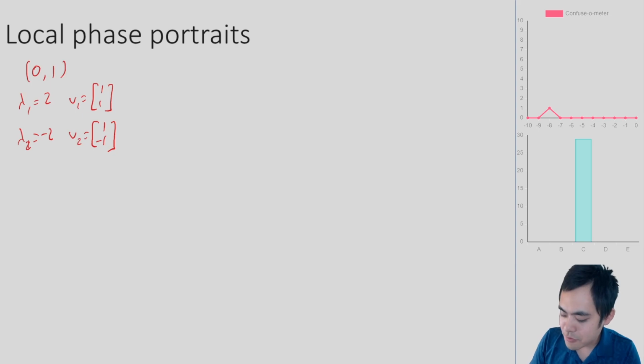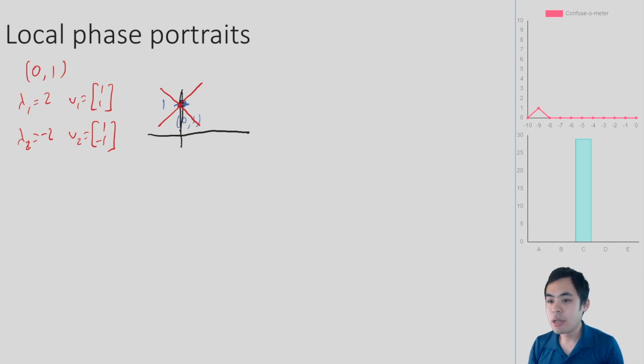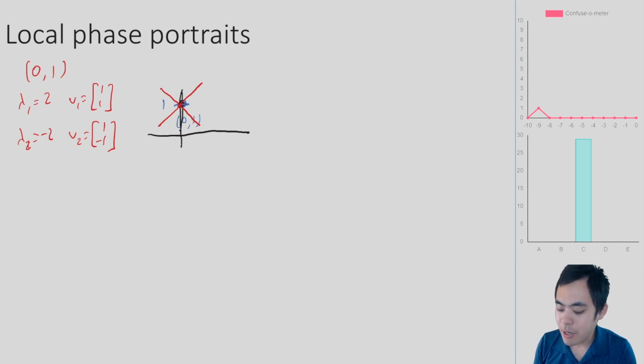And so that means we have some equilibrium point. This is the point (0, 1). So we have some point (0, 1) there, and we have these two eigenvectors. One of them is in this direction, and the other is in this direction. The eigenvector (1, 1) has a positive eigenvalue, so it goes out along that eigenvector.